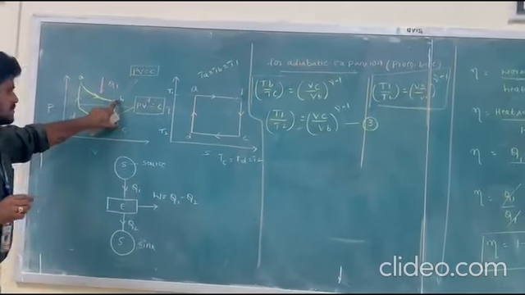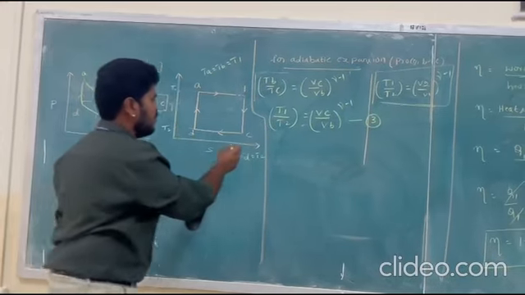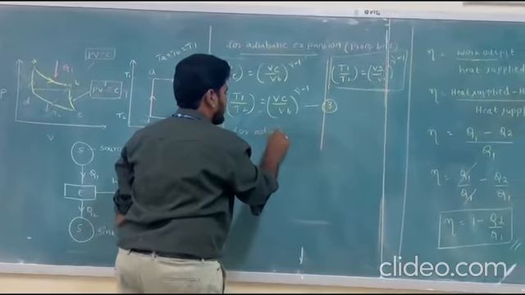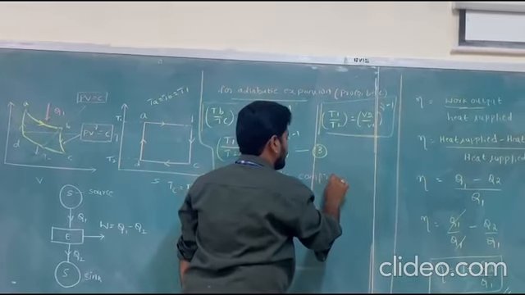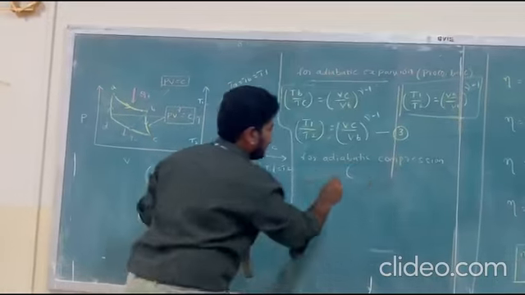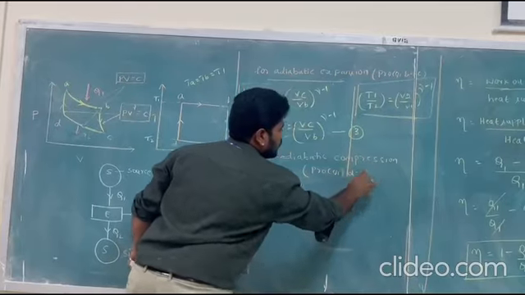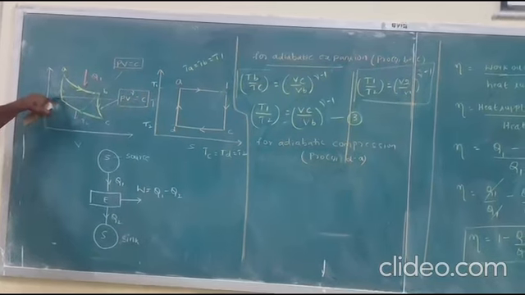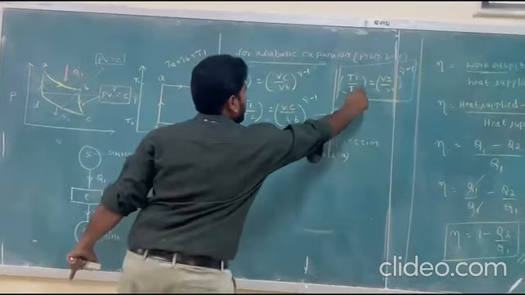Once we have considered the expansion process, next we should also do the adiabatic compression process. From the PV diagram you can see that the process is from D to A. Again I take the highest temperature, which is TA by TD, so I will get the same equation here.